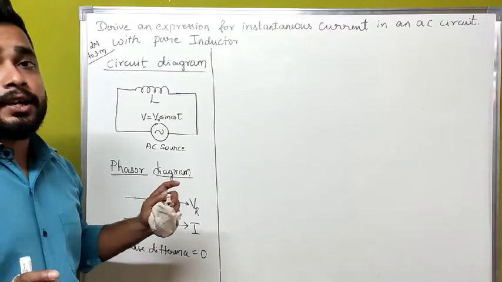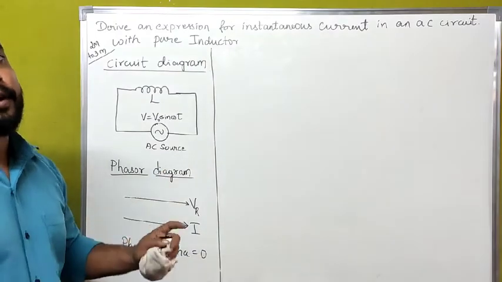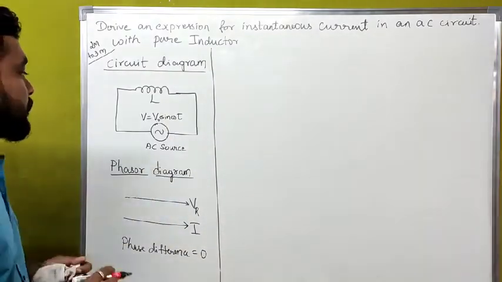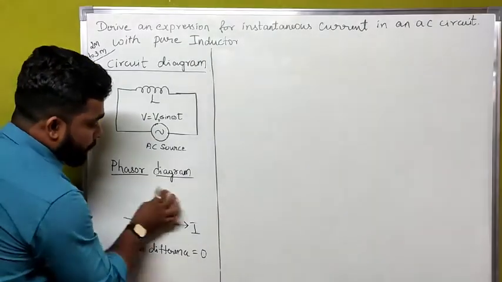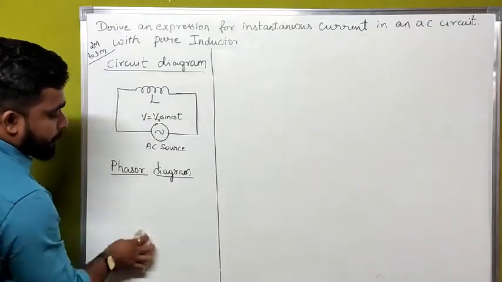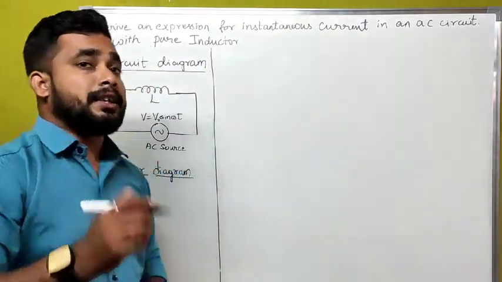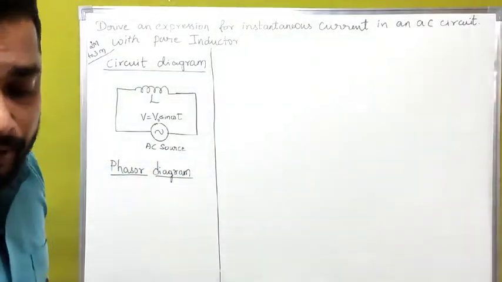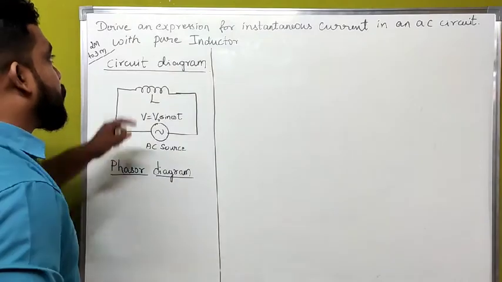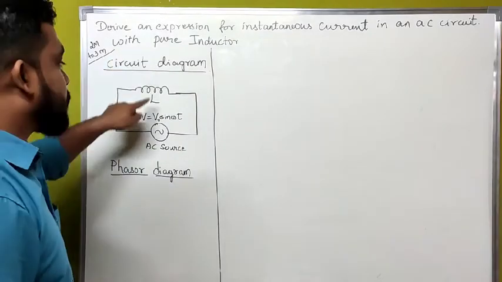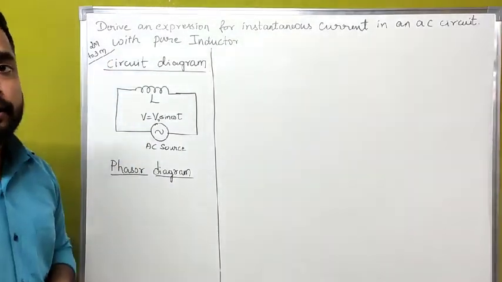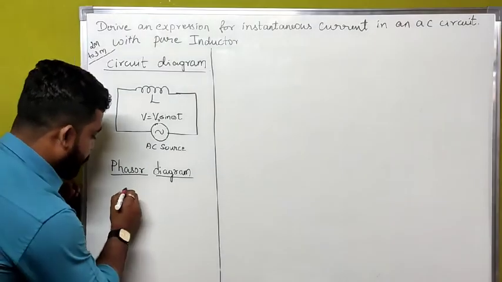It won't change the direction of flow of current. That is inductor. Now we have to write a phasor diagram for this particular circuit. There is a phase difference of 90 degrees in case a pure inductor is connected to an alternating source circuit.